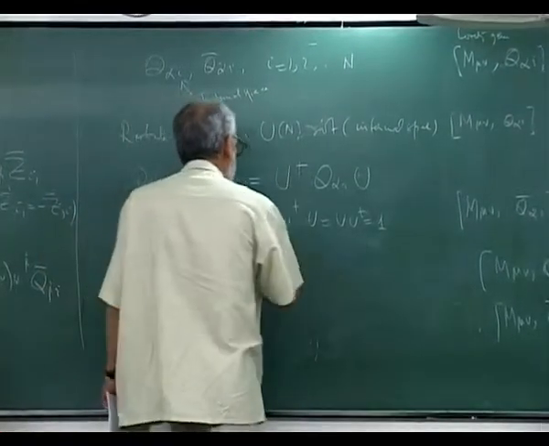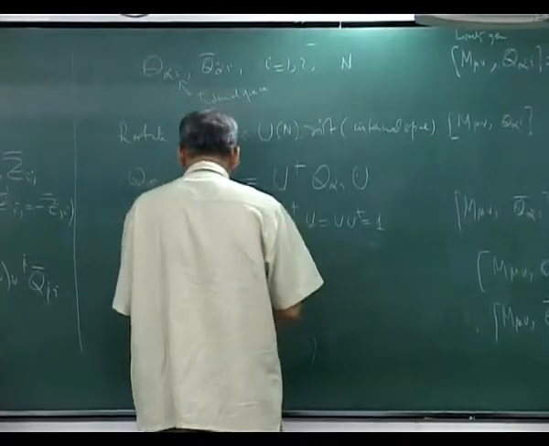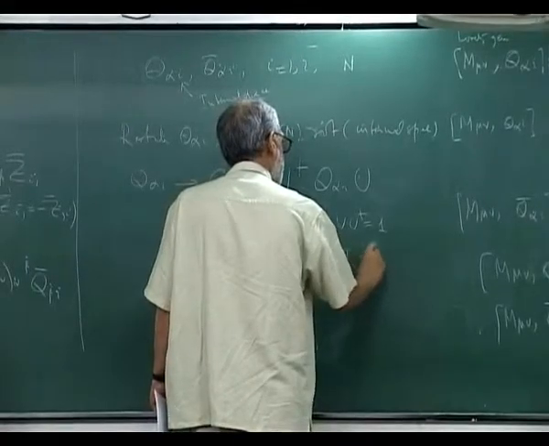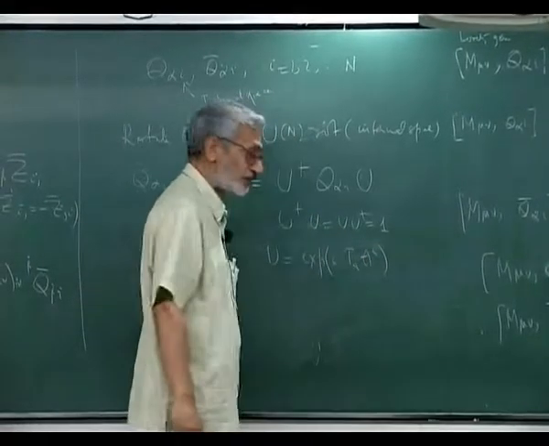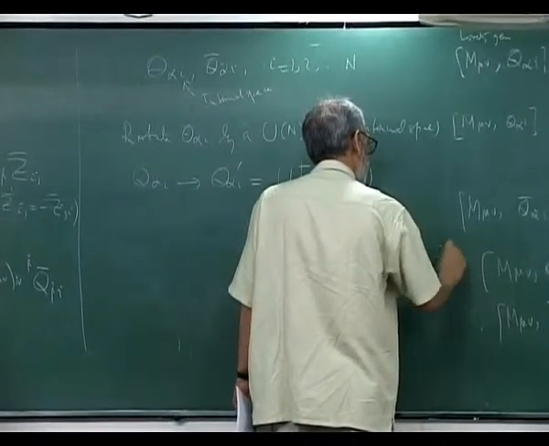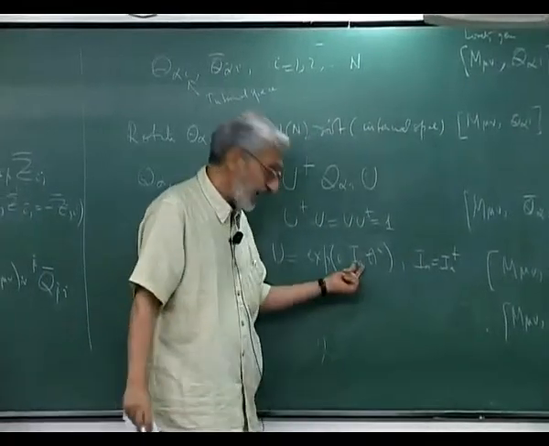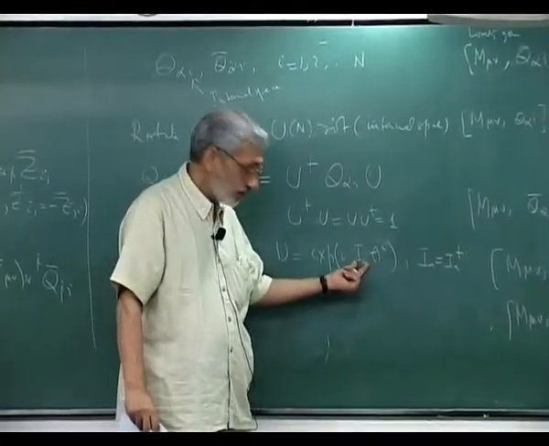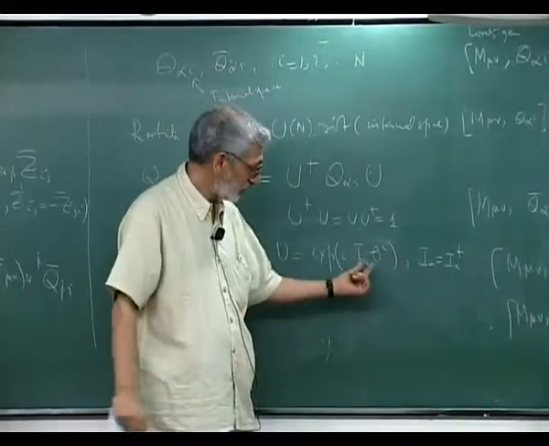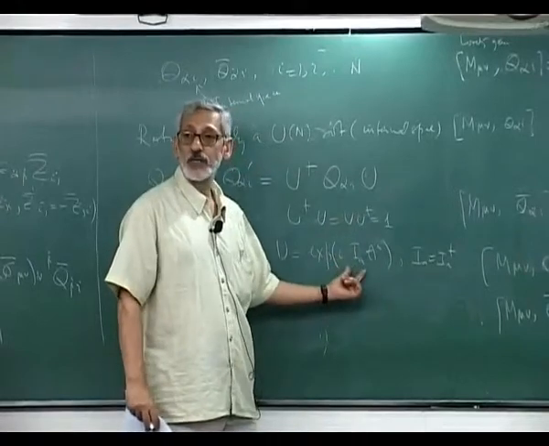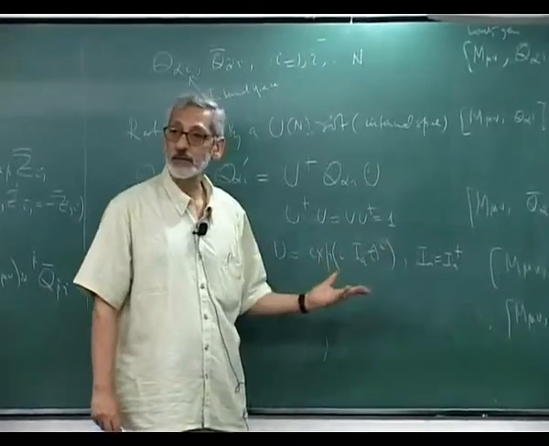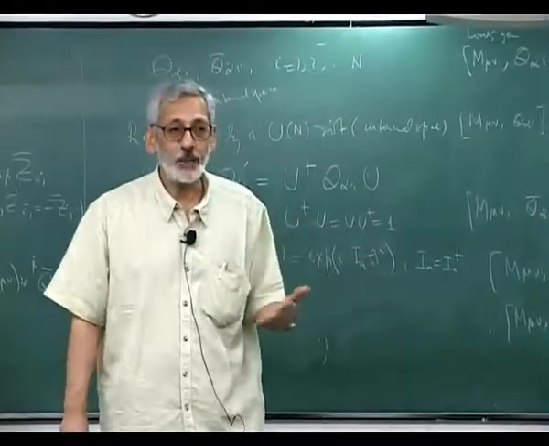And if I write u now as exponential of i T_A theta, where T_A is a certain Hermitian generator of these rotations, this is how we define the rotation, and theta A are the parameters of such a rotation.